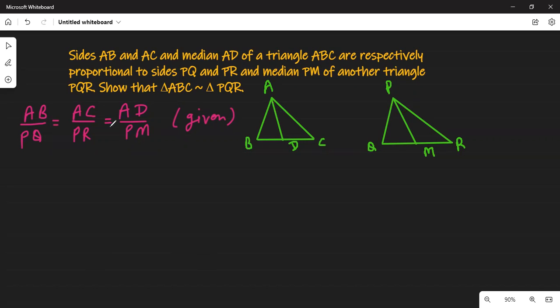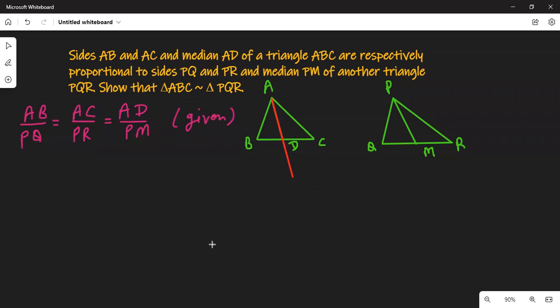And the third information we are given is AD and PM in proportion. So we are taking that to construct further. We are extending AD to a point, say E, such that AD and DE are equal.